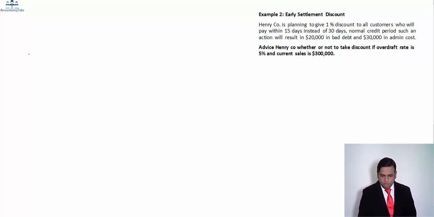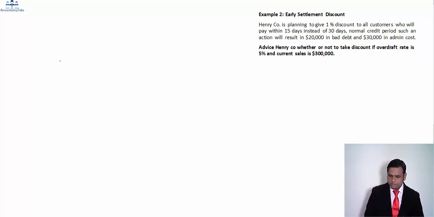Henrico is planning to give a 1% discount to all its customers who pay within 15 days instead of the normal credit period of 30 days. Such an action will result in $20,000 in bad debt and $30,000 in admin costs. That's a saving that we will be experiencing. Advise Henrico whether or not to take the discount if the overdraft rate is 5% and current sales are $300,000.